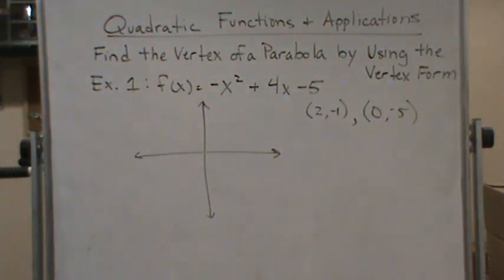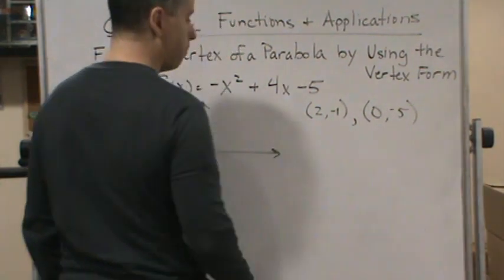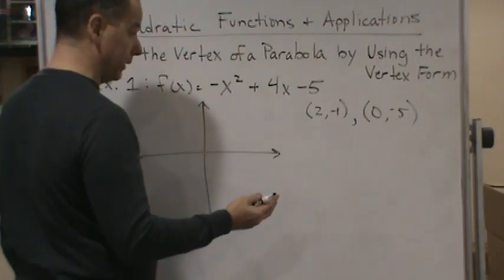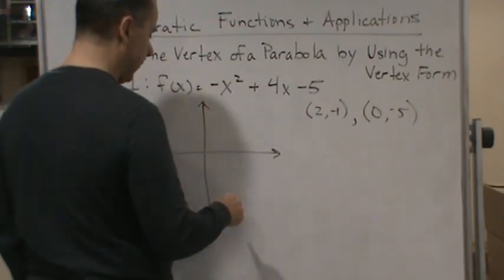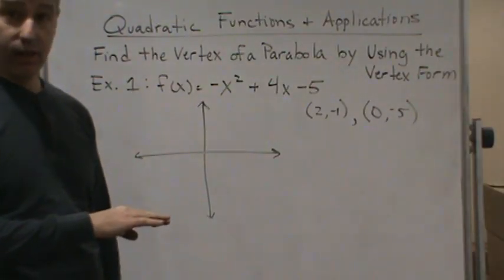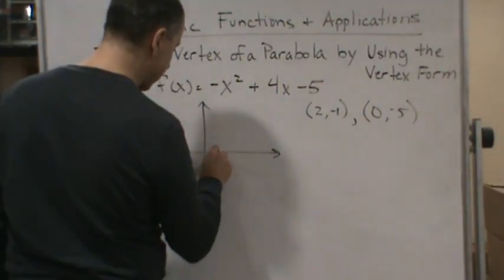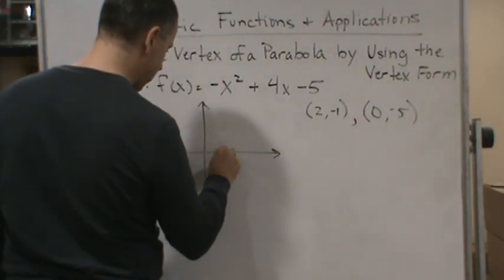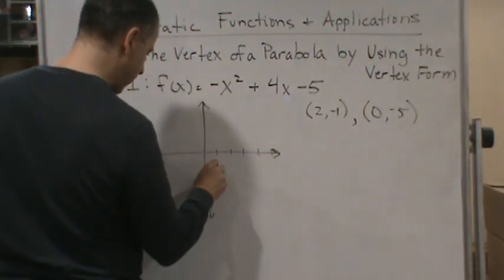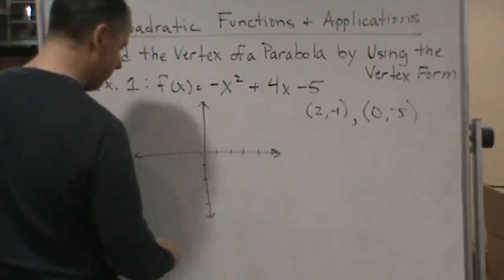But then you can also use the axis of symmetry to find another point, because usually you want at least 3 points to sketch the graph of a parabola. So let's mark 1, 2, 3, 4, 5 on each axis.